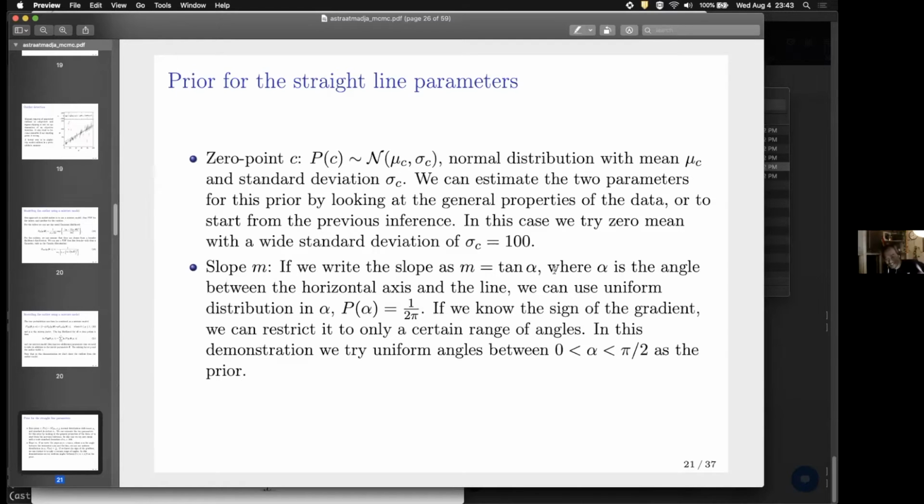A straight line has a gradient, right? So why don't we sample alpha, the gradient angle, and assume a uniform prior in alpha. Also, we know the sign of the gradient, so we don't have to restrict the angle to between 0 and 180 degrees. In this case, we can restrict it between 0 and 90 degrees.